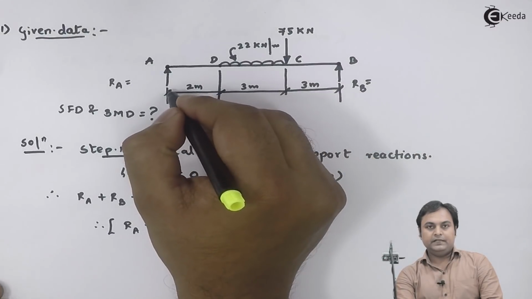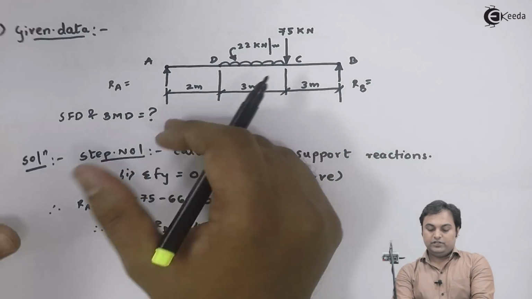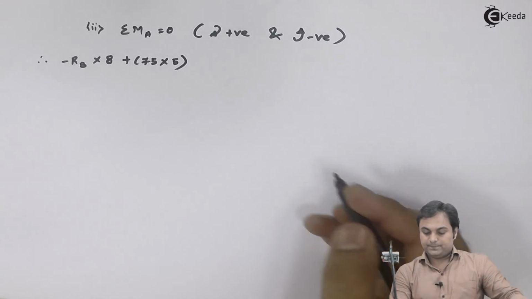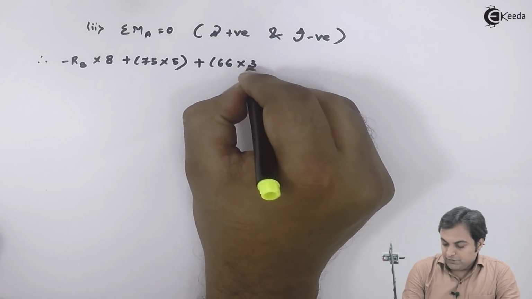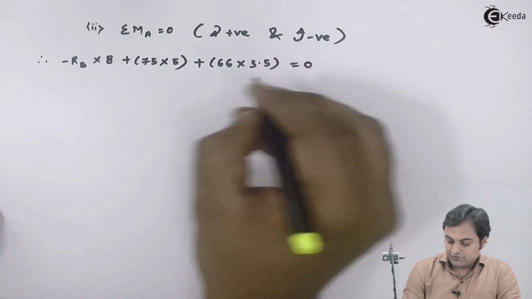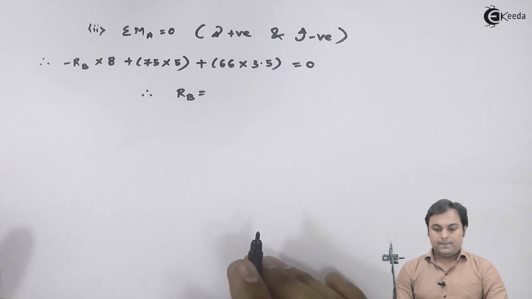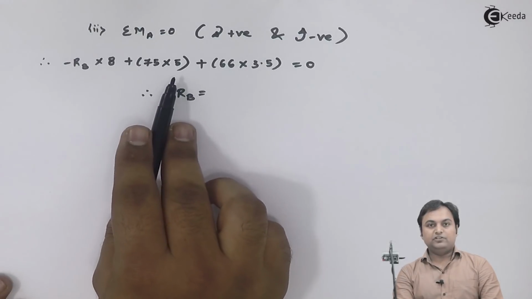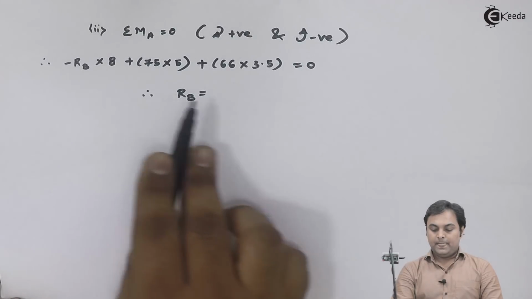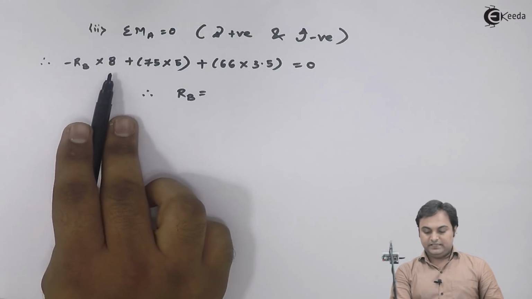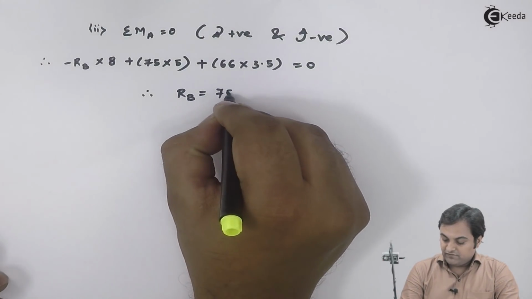So from point A the distance would be 2 plus 1.5, that is 3.5. So here I have plus 66 into 3.5 is equal to 0. Therefore if I calculate the values here, that is this bracket 75 into 5 plus 66 into 3.5, shift it onto the other side, then divided by 8, I would be getting my answer of RB as 75.75 kilonewton.